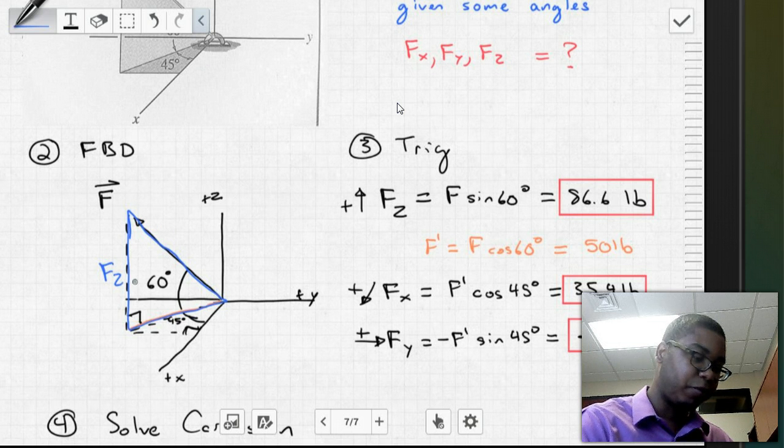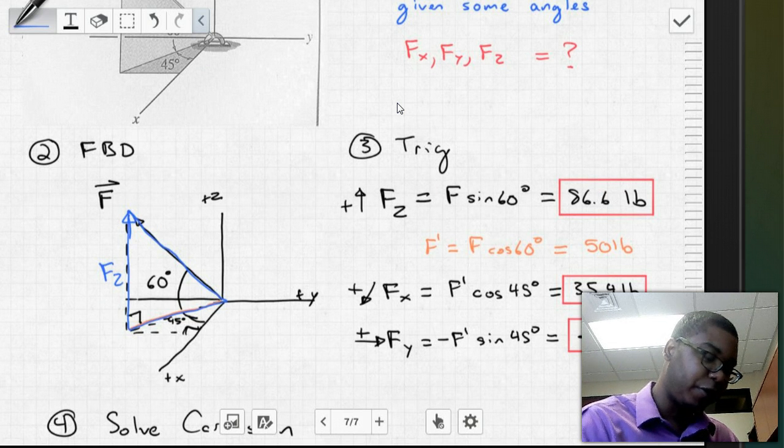So we have our magnitude, we have this angle of 60 degrees, and Fz is opposite to that angle. We see that Fz should be positive, and equal to the magnitude of F times the sine of 60 degrees, where Fz becomes equal to 86.6 pounds, right?